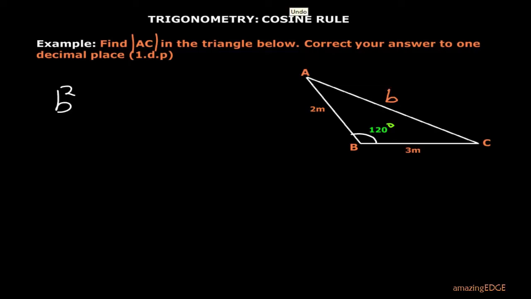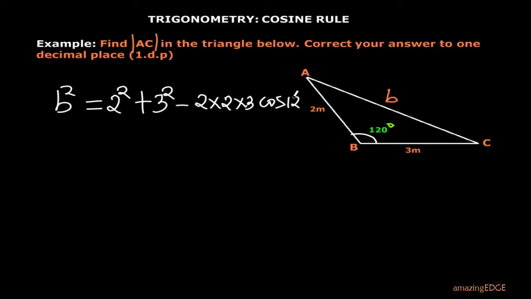So b squared equals the squares of the remaining sides, 2 squared plus 3 squared, minus 2ac, which is 2 times 2 times 3, cos b. And what is b? 120 degrees. So 2 squared is 4, 3 squared is 9, then minus 2 times 2 times 3, which is 12 cos 120 degrees.